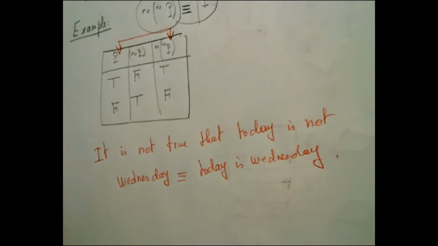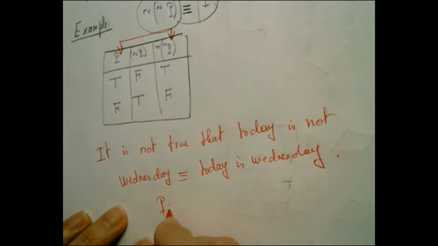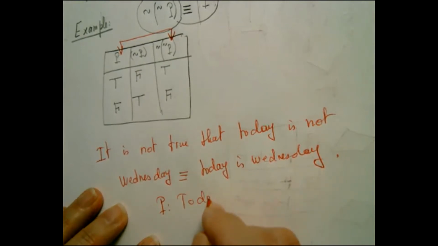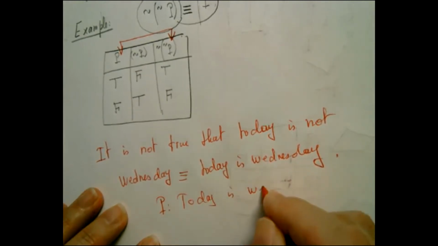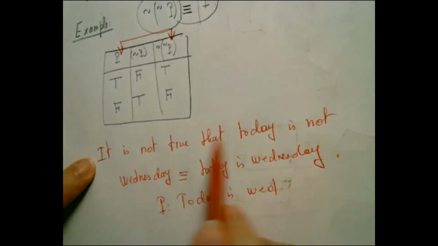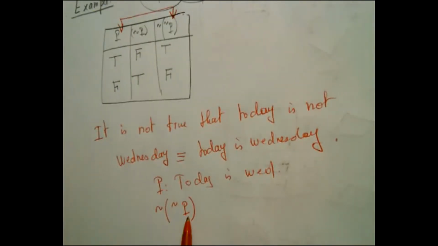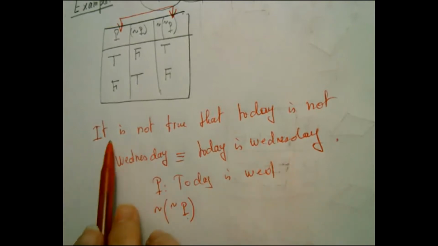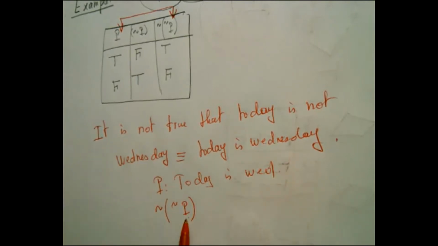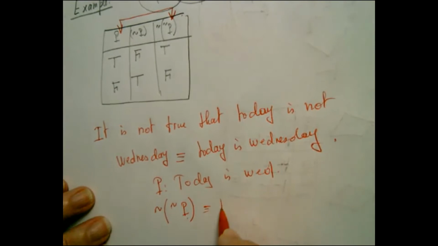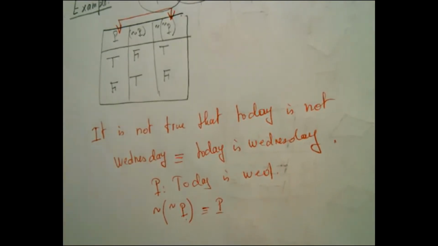Here my P is the statement today is Wednesday. So it's not true that today is not Wednesday, it's not the case that not P. P is Wednesday, not P is it's not Wednesday, and this reads it's not the case that it's not P. This is basically telling you it is P. So the negation of the negation is actually the statement itself.